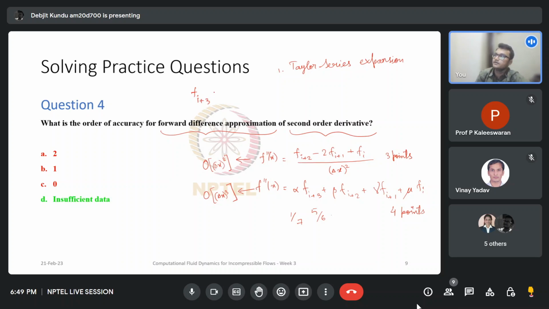And then I'll expand it out in a Taylor series form where f(i) plus delta x times del f by del x plus delta x squared by 2 factorial times del 2 f by del x squared and so on. And this same thing I can do for all these terms and then mathematically solve for these alpha, beta, gamma, and mu. So this was the first way, this Taylor series expansion. And there is a second way as well. What is that? What did we learn?